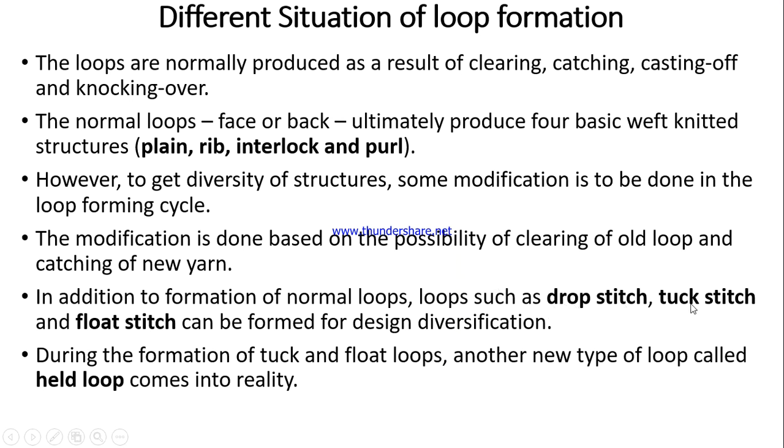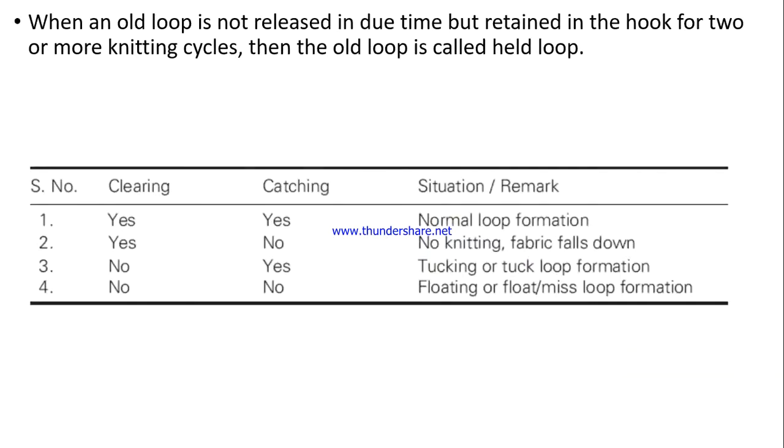I shall discuss that. And during the formation of tuck and float loop, another new type of loop called held loop comes into reality. So drop, tuck and held loops are present depending upon the clearing and catching action of the needle.